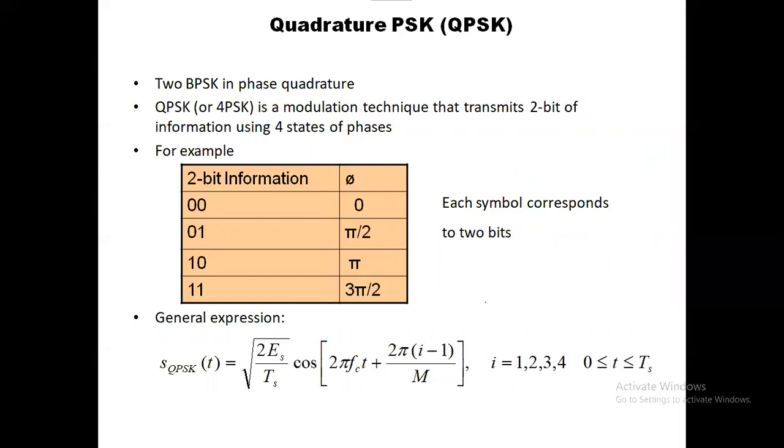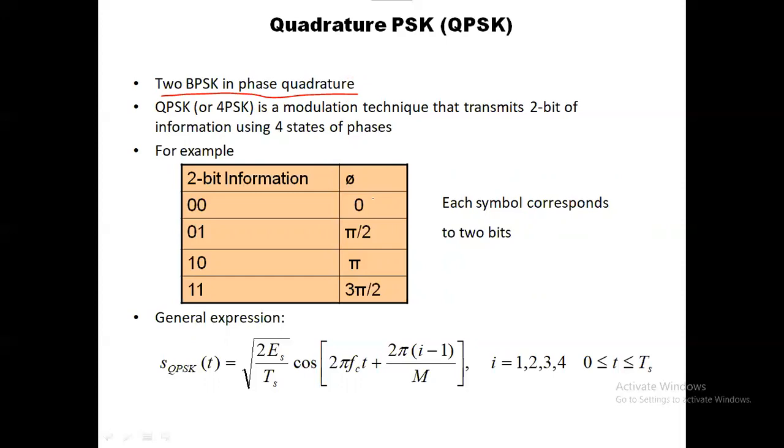So the quadrature version is equivalent to 2 BPSK, and the performance of quadrature PSK is the same as that of BPSK. Why? Because we are incorporating the quadrature component which we are not using in binary PSK.